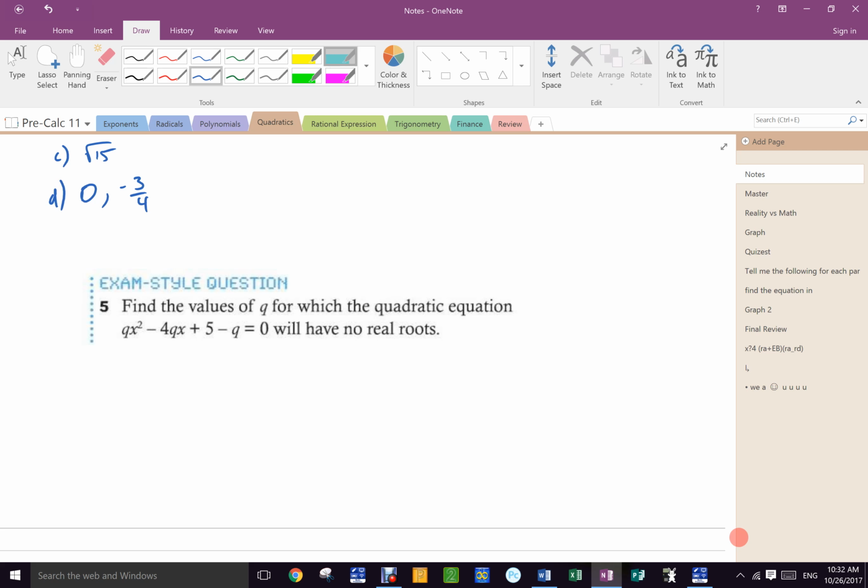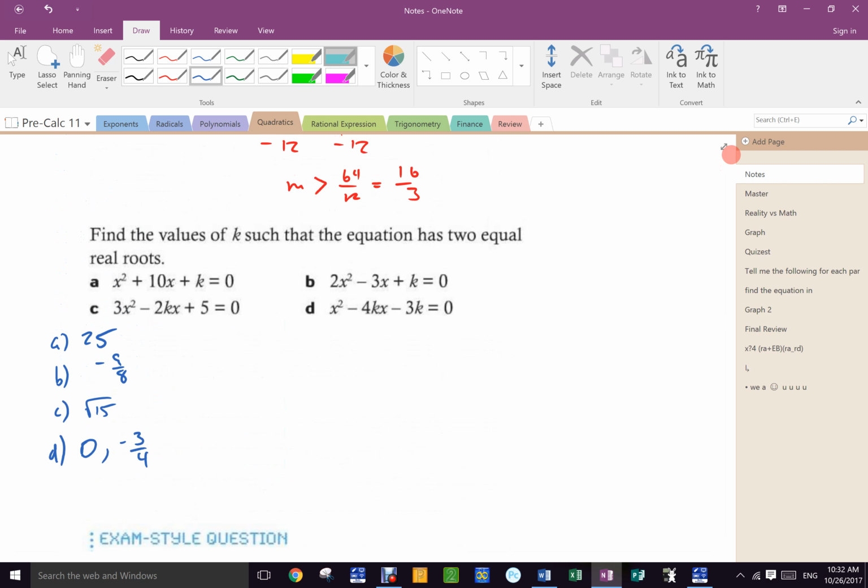Why is it negative 9 over 8? Okay, so this is 3 squared is 9, yes? Minus 4 times 2 times, no, sorry, not times 1, times k, yes? Equals 0. 9 minus 8k equals 0.